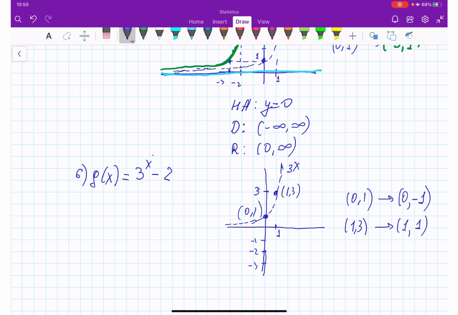All right, so what do we have? 0.1 becomes 0.1, and 1.3 becomes 1 and 1 right here. It becomes 1 and 1. So let me see. The graph is going to go parallel.